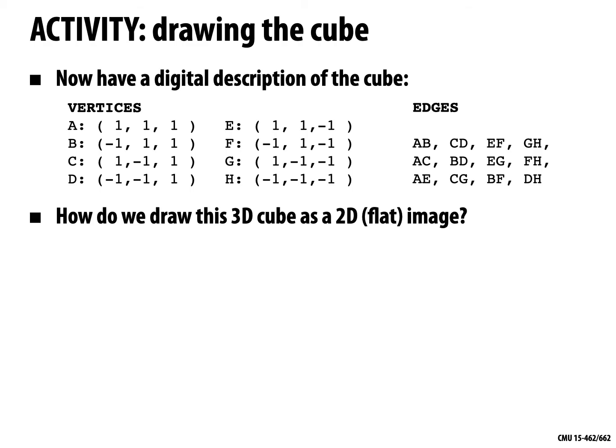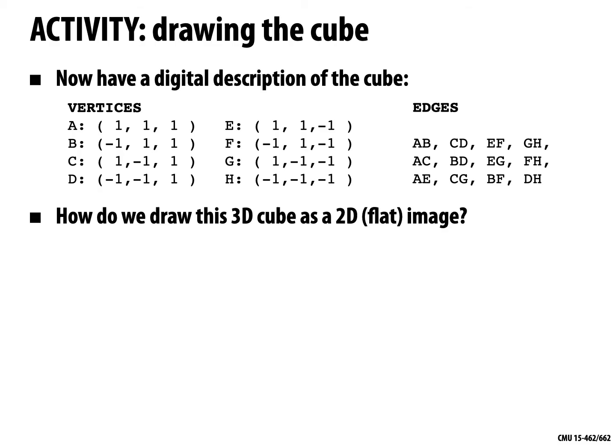For one thing, we could just throw away one of the coordinates, right? We could just say, if I want to plot a 3-dimensional point on a 2-dimensional plane, I'll just toss out the z-coordinate. I'll just draw x and y. And that works okay, but we don't really get a 3-dimensional sense of this cube if we do that, right? What would you see in that case?